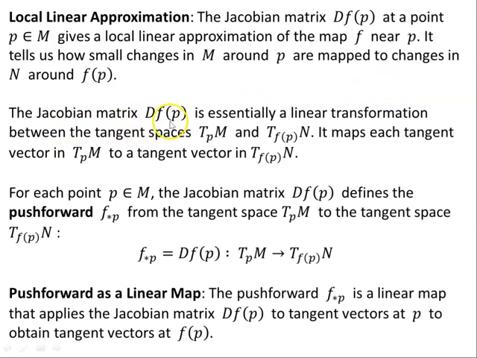So the Jacobian matrix df of P is essentially a linear transformation between the tangent spaces TPM and T f of P N.